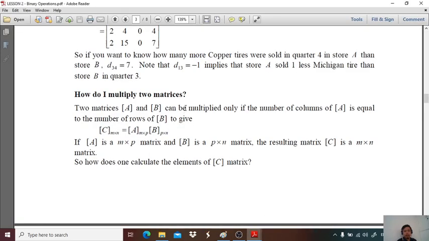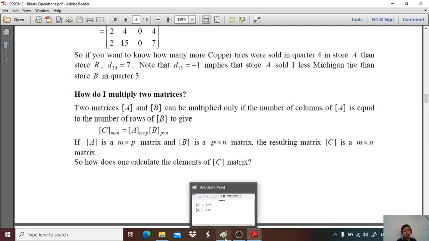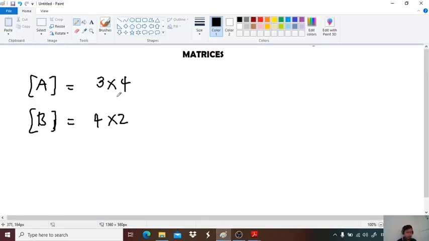Matrix A and matrix B can be multiplied only if the number of columns in A is equal to the number of rows in B. So let's see, the number of columns in A is 4, which must be equal to the number of rows in B. So you can multiply A and B because of that condition.